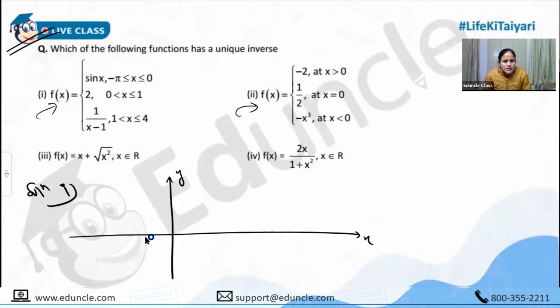चलिए, so -5 से -5 is here. So -5 पर क्लोज्ड है, 0 पर भी क्लोज्ड है, -5 to 0 function defining by sin x.